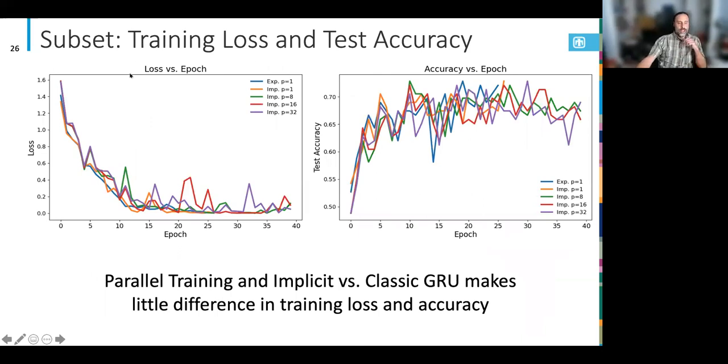So in terms of loss for the different versions, we've got the implicit in parallel and the classic in serial. We see that the loss is decaying kind of equivalently. These are very similar results in terms of the training. And then the accuracy is in the same ballpark for all of them.